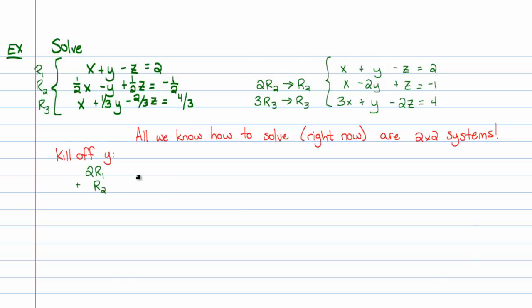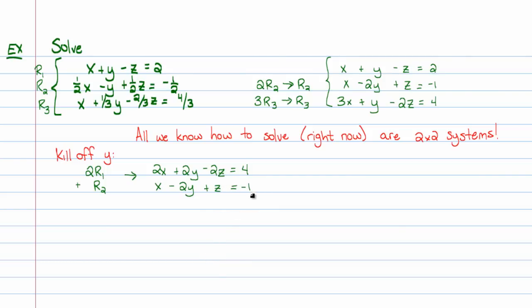So here we go, let me go ahead and write that out here. Twice row 1 would be 2x plus 2y minus 2z, and don't forget the right hand side, 4. Row 2 I'm just going to copy, x minus 2y plus z is equal to a negative 1.